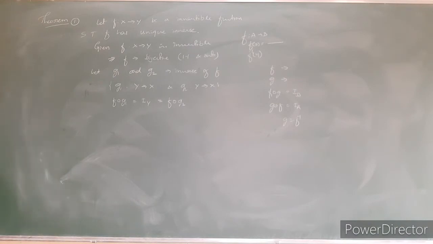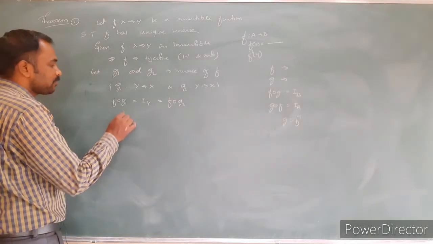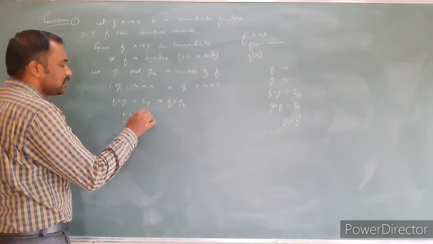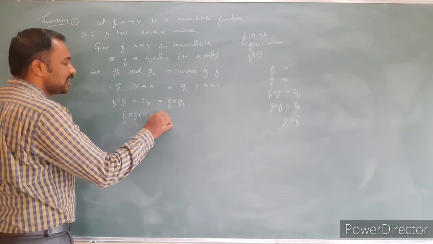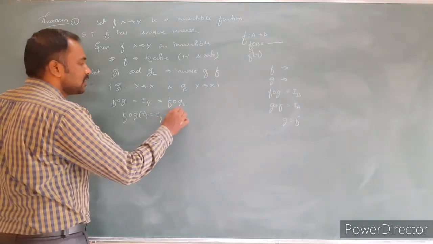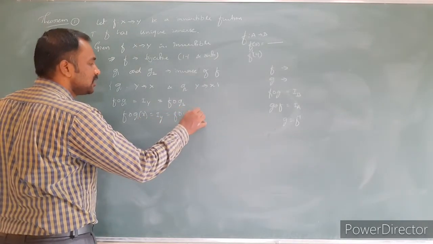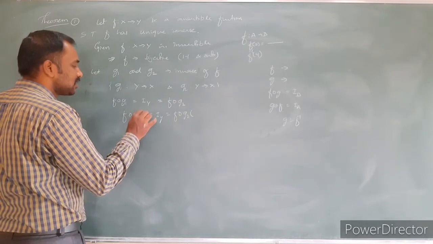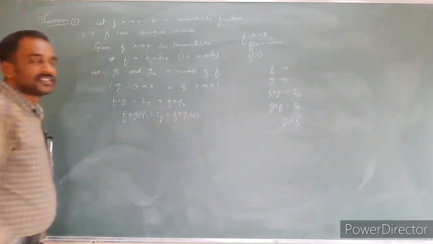Now simplifying, F circle G1 of X is equal to the identity element from the set Y. Here also F circle G2 of, instead of X, consider Y, G2 of.